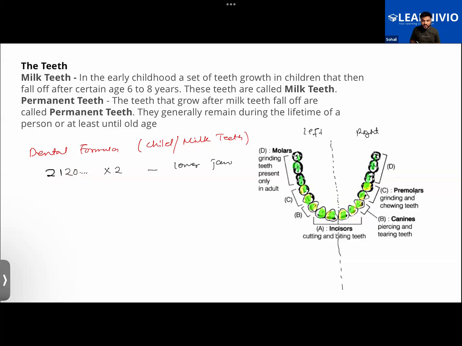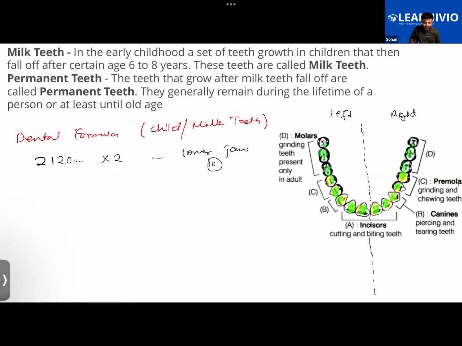We can write 0 over here also. If I were to ask you how many teeth we have got over here, just add 2 plus 1 plus 2, that is 5. Then multiply it with 2, that is 10. 10 teeth are found in the lower jaw.